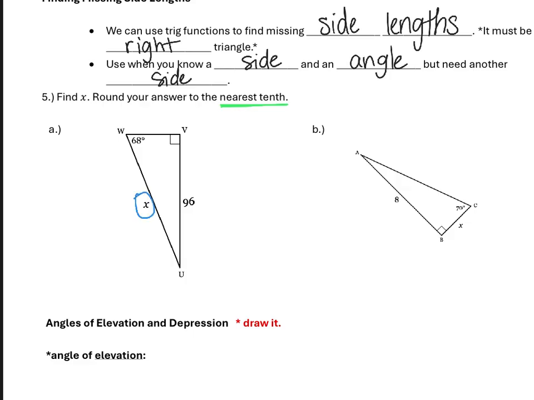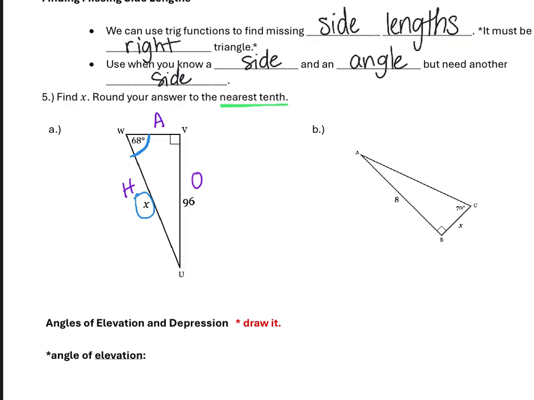This is not a 30, 60, 90, so we're not using those special right triangles. But this is our theta reference angle. So if I label all of my sides, I have the hypotenuse here, I have an opposite side, and then I have my side adjacent to 68.